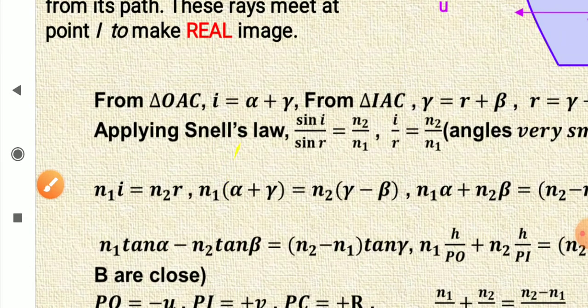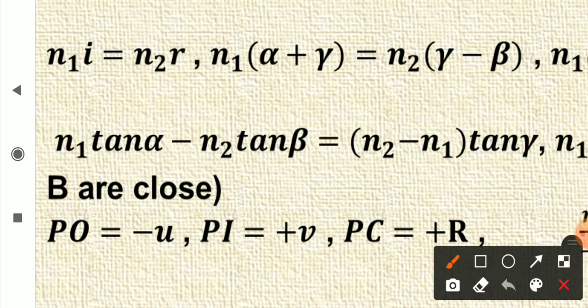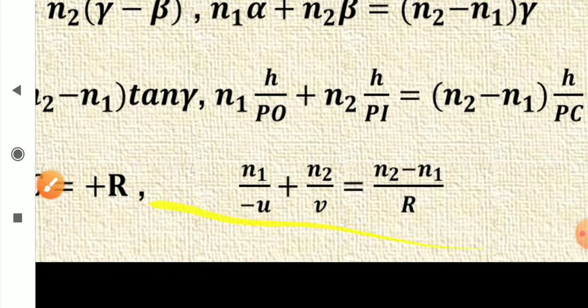Remember that this is positive. So PO is minus U, PI is plus V, and PC is plus R. Now put all these values in this equation.